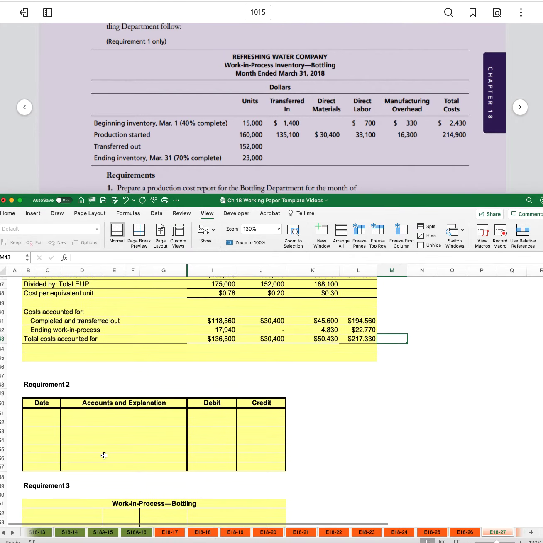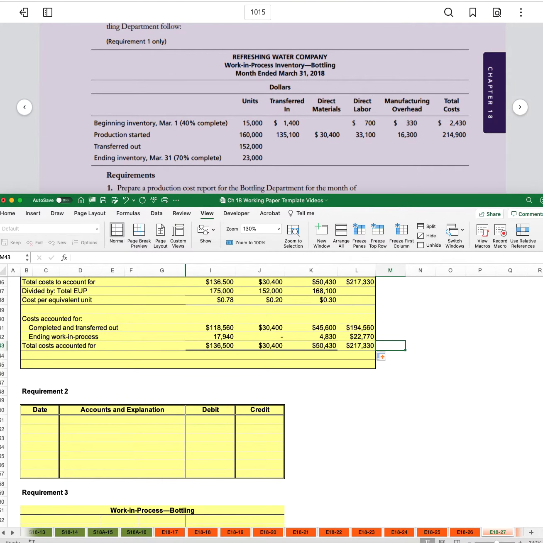So we'll come down here. And we're going to take the debit is going to be our finished goods inventory because we've completed them and transferred them into finished goods inventory, and the credit is going to be to WIP bottling because they're coming out of the bottling process, and it's going to be the total for our completed and transferred out, so $194,560.